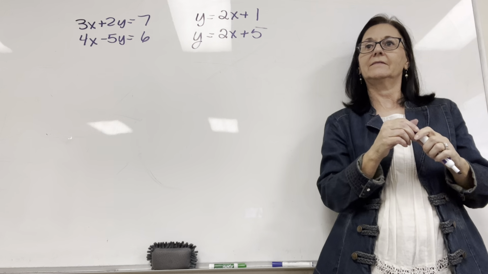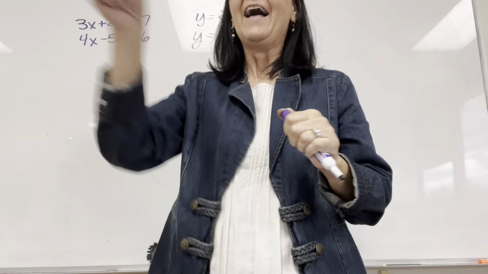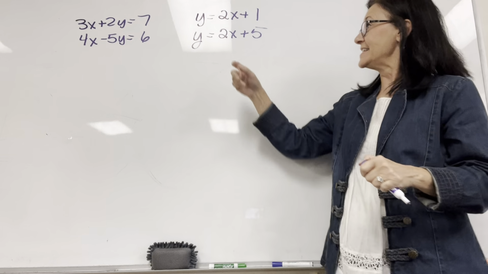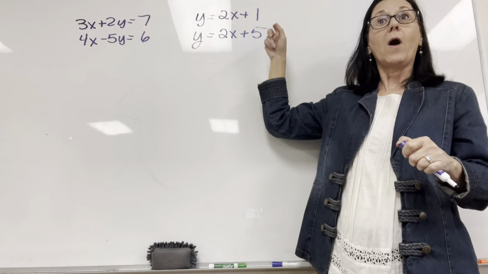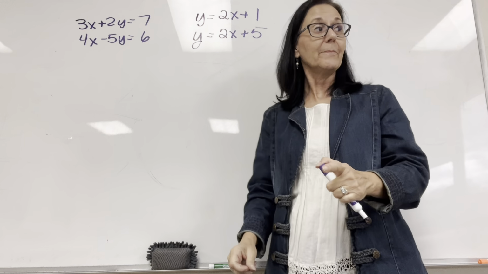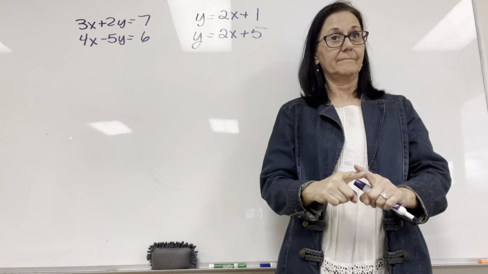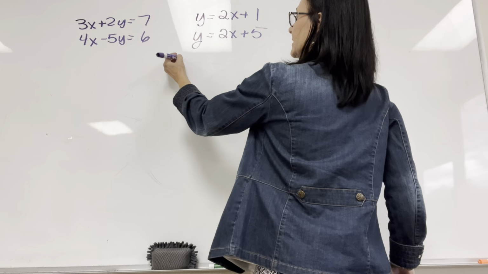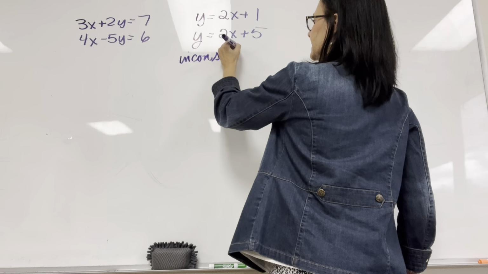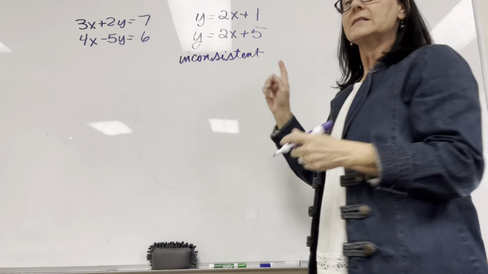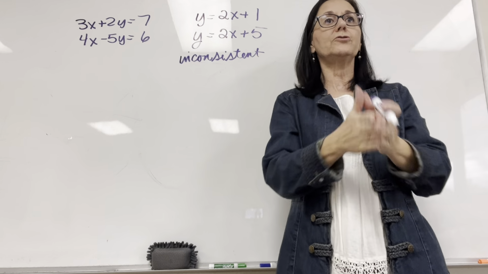No, never. Because they're parallel. That's why. Same slope, different y-intercept. The lines are parallel. There are no solutions in common. So this would be called, as we had in one lesson in algebra, inconsistent. The word consistent means at least one solution in common.